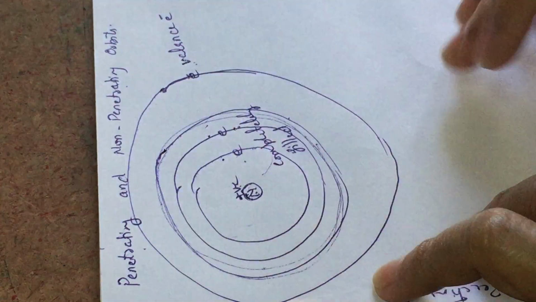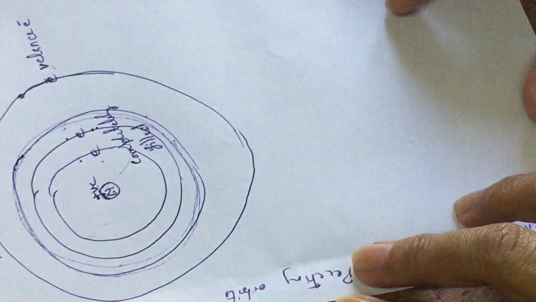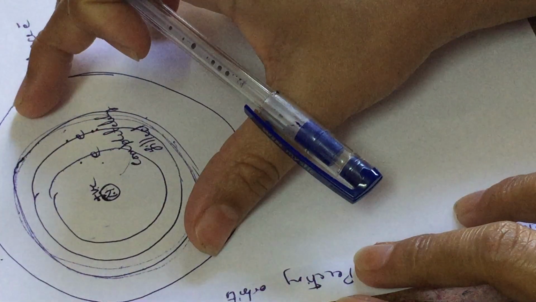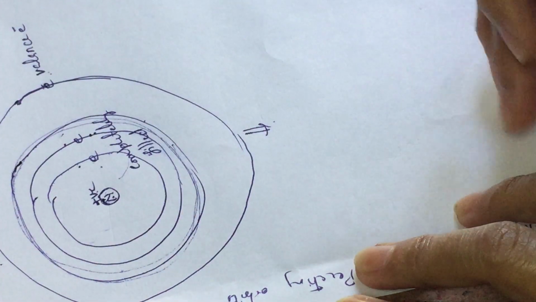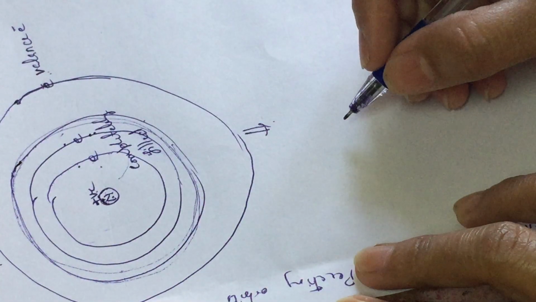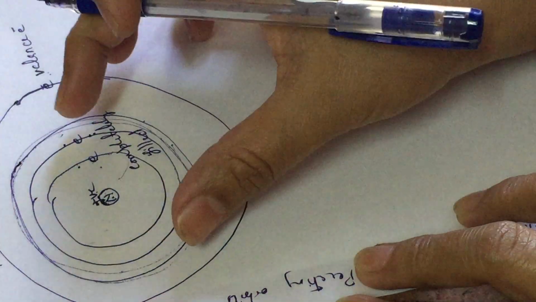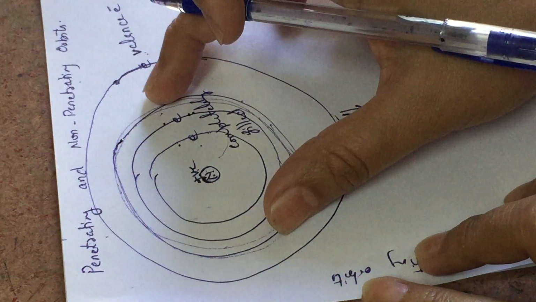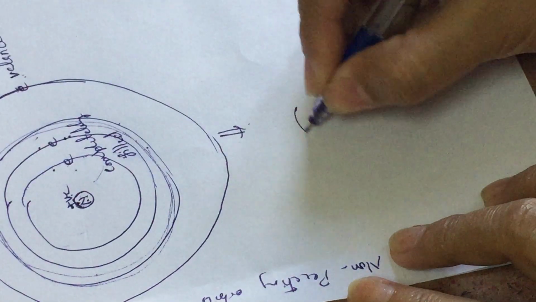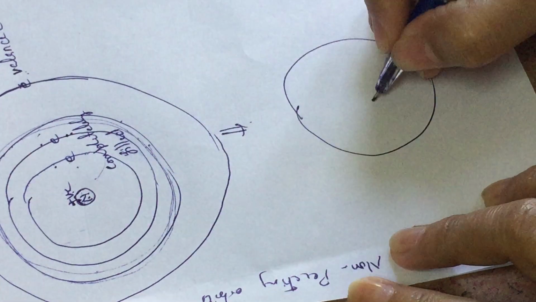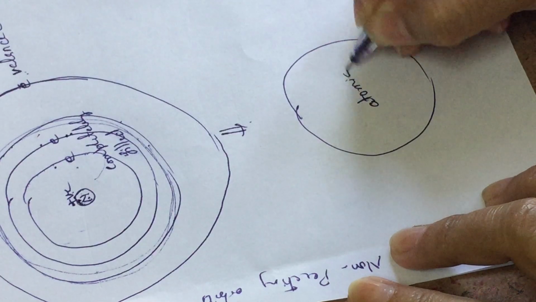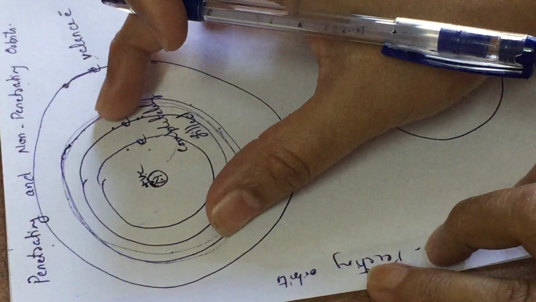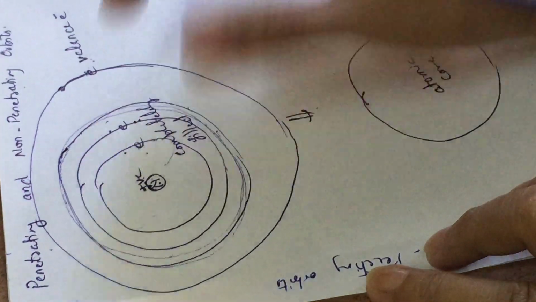Now we will change our atom structure into an atomic core structure. This field or this space is known as the atomic core, where the influence of the innermost electrons is present.